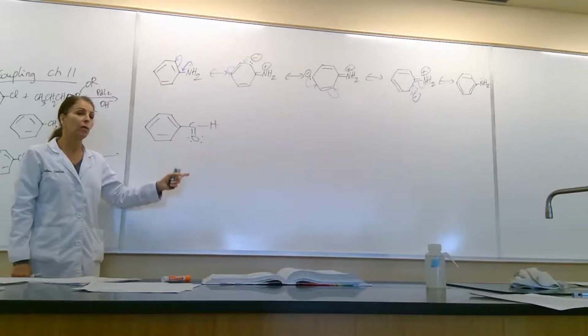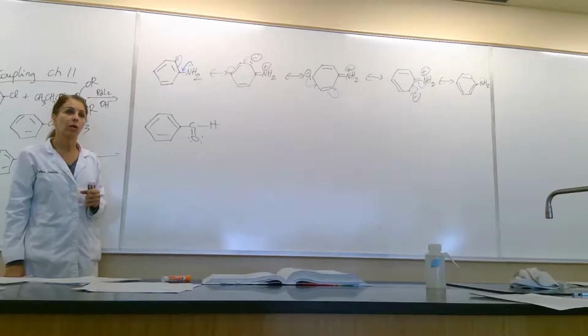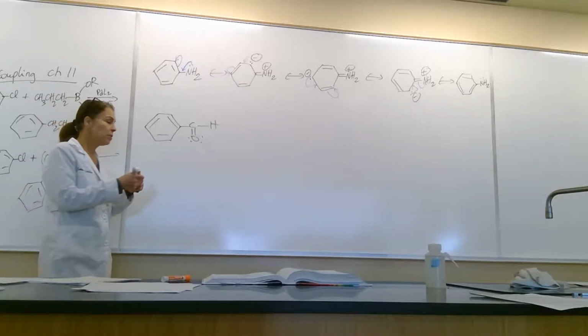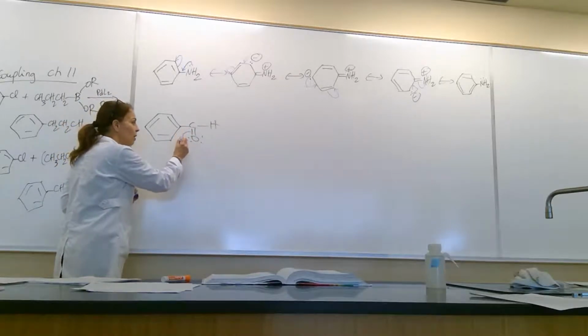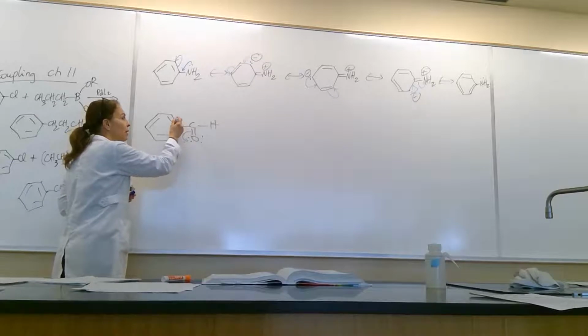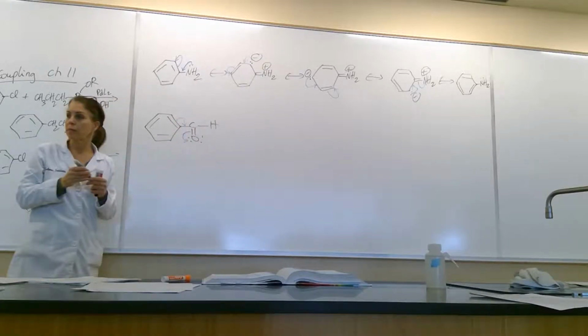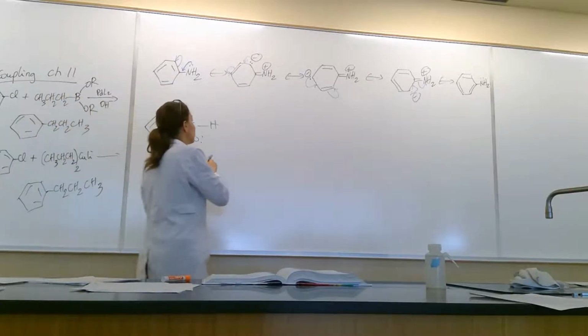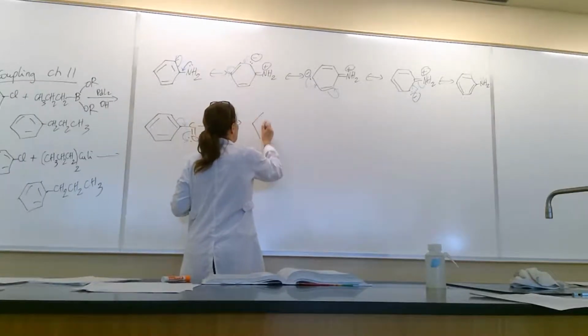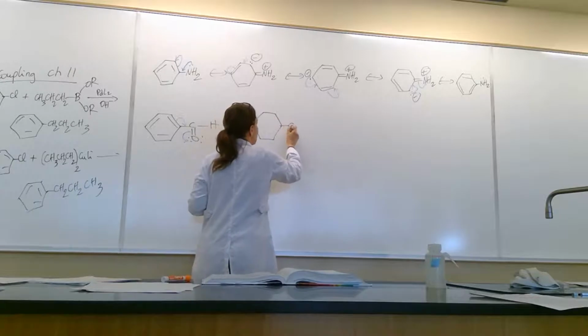Now, if it's polar, which way should the electron move? Away from the oxygen or towards the oxygen? Yes. So this has to move in here. So what happens automatically? This moves here. Okay? So our first resonance form is this.